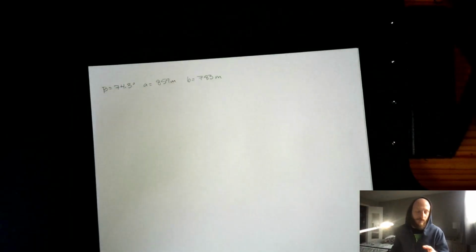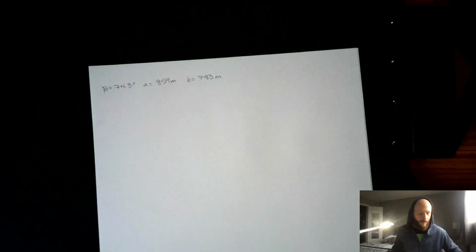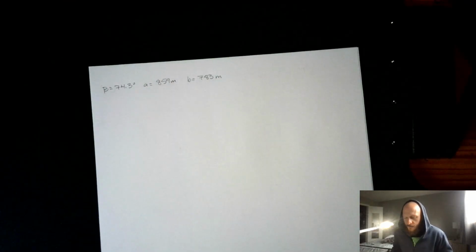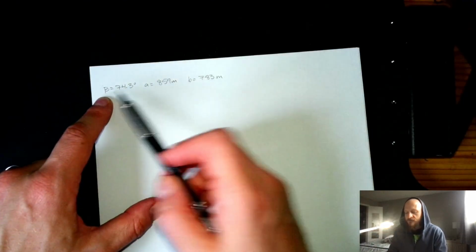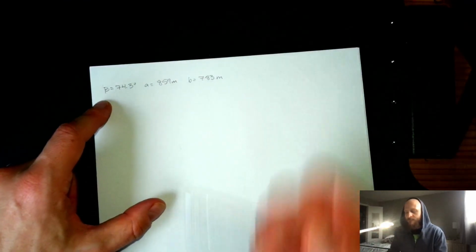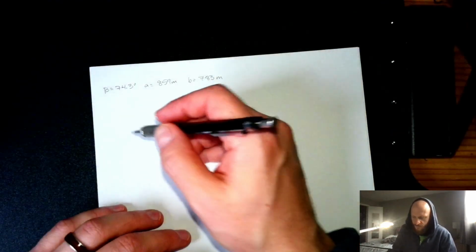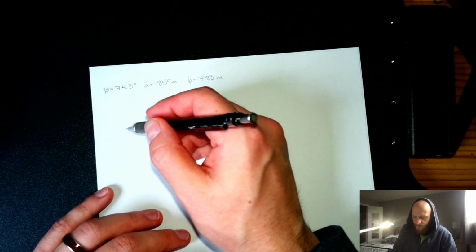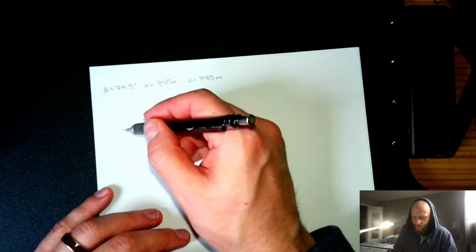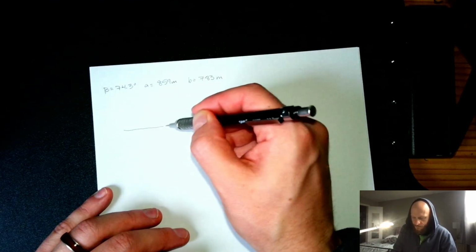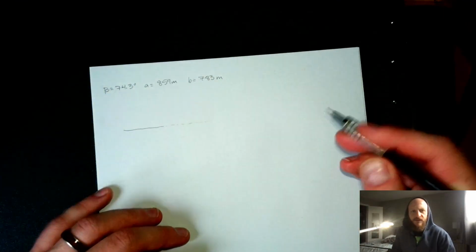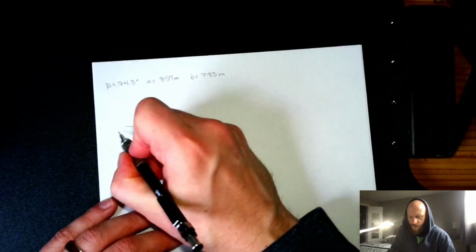Side, side, angle. Right. And this time we have angle B. Previously we were given angle A. So be careful about that when determining how many triangles we have. But if you follow this method that I use, you'll be good to go.